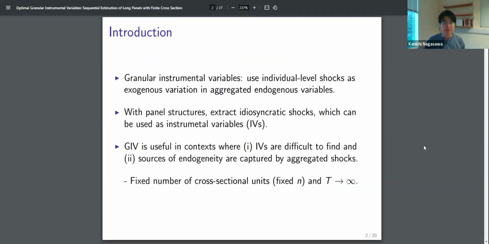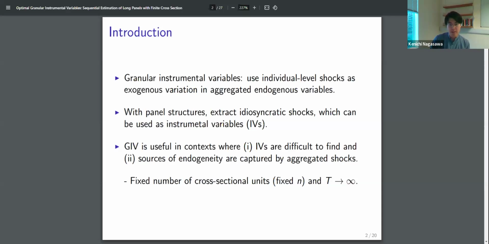So, as the title says, this is about granular instrumental variables. The idea of granular instrumental variables is that we have individual level shocks or disaggregated shocks, and we can use these as exogenous variation in aggregated endogenous variables.